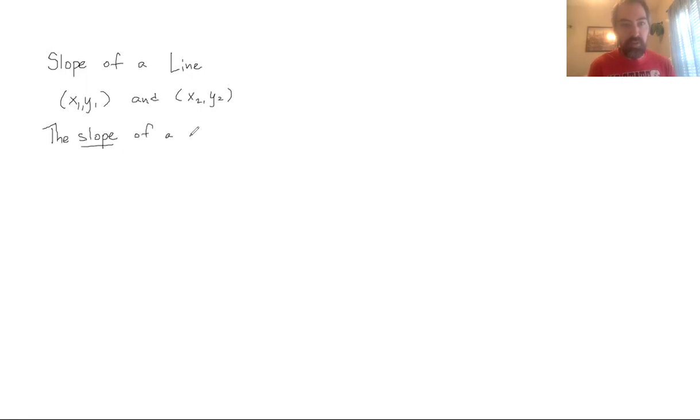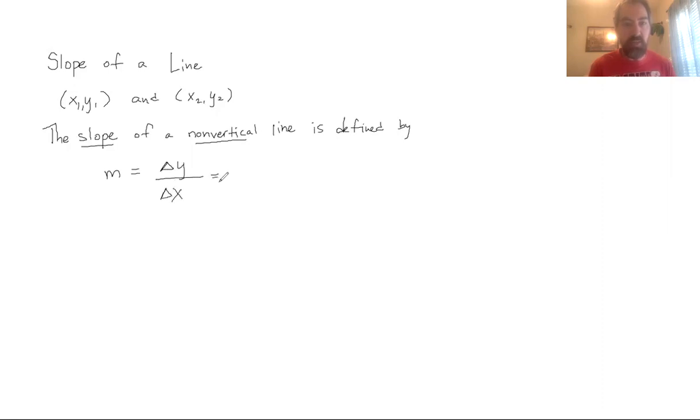We want to first define the formula for the slope. You may already know this from a previous algebra class. We say that the slope of a non-vertical line, that's important there, is defined by m equals delta y over delta x.